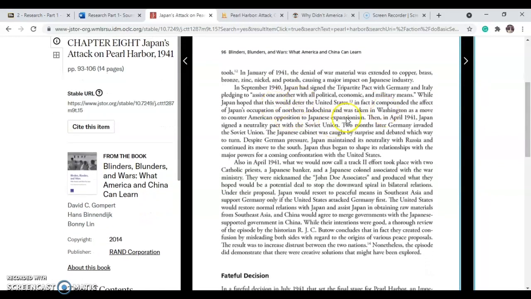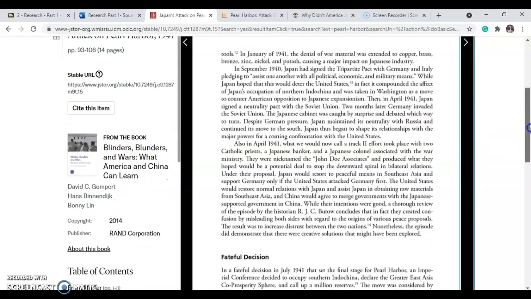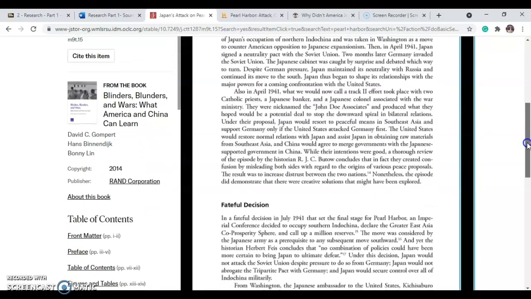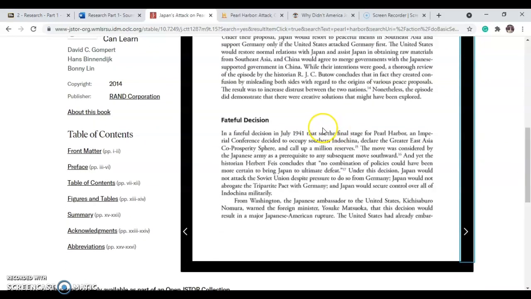Here, Japan signs the Tripartite Act with Germany and Italy, and they form the Axis powers. And here is when they finally decide to start attacking the United States.